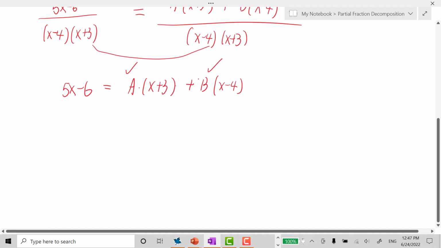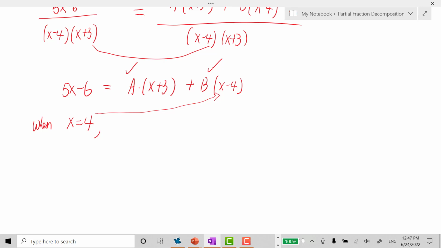If you observe this equation, when x equals 4, then this b term is gone. So that means for the entire equation here, the only variable we have will be a.